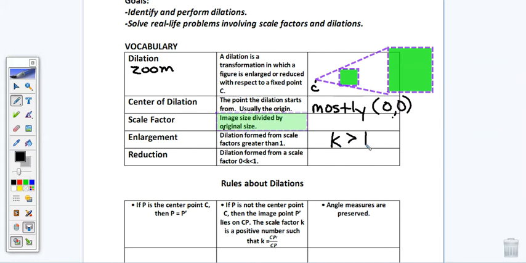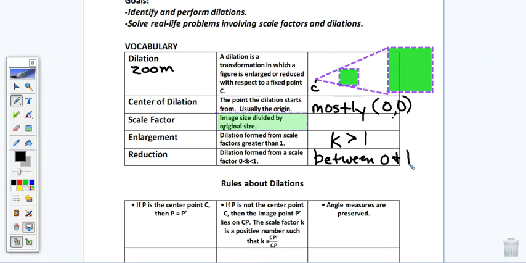And then a reduction is like a half or a third or a fifth or 4/5 or 0.314. Any dilation that has a scale factor between 0 and 1 is going to be what? Makes it smaller. So I always say that a reduction happens when it's between 0 and 1.